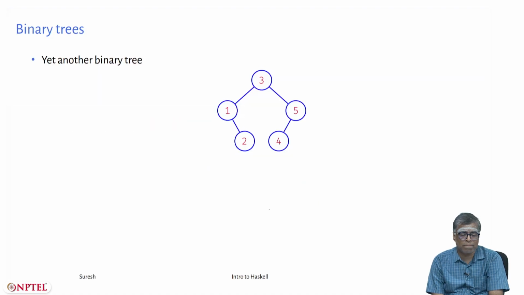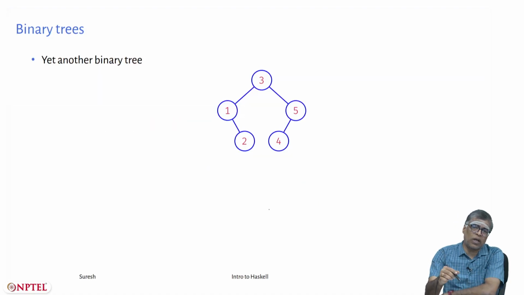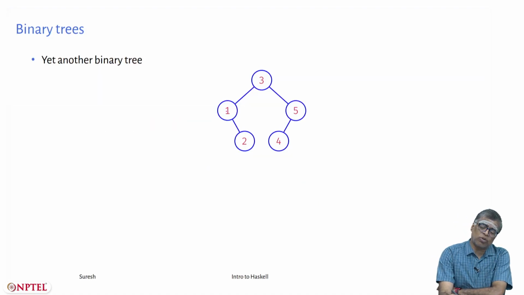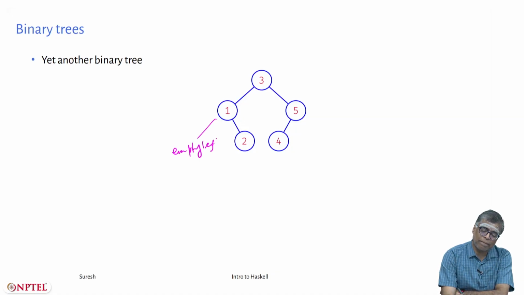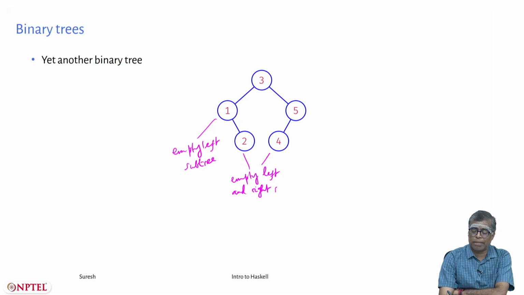Okay. Here is yet another binary tree. You have 3 and to the left there is 1. It does not have any empty left subtree. Empty left and right subtrees for both these things.